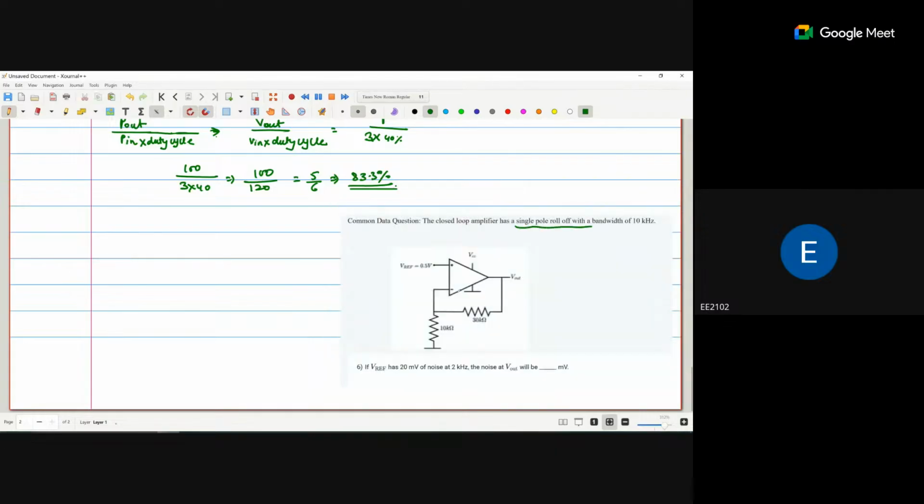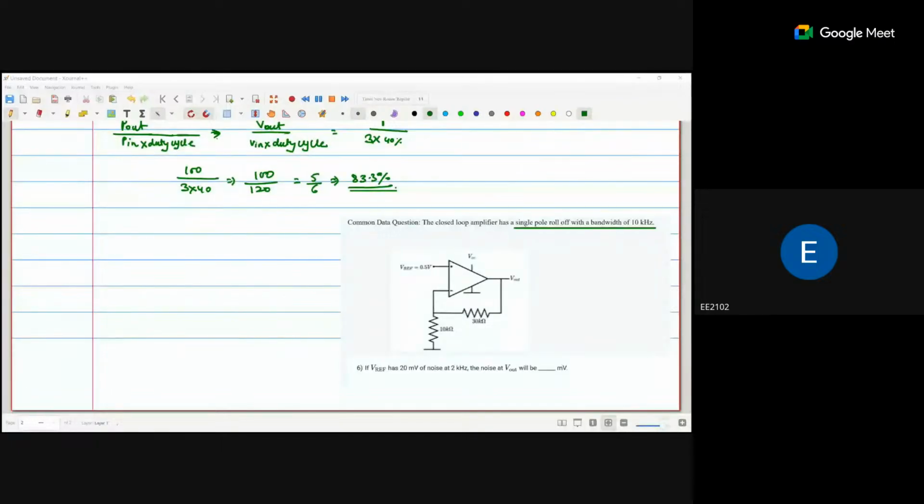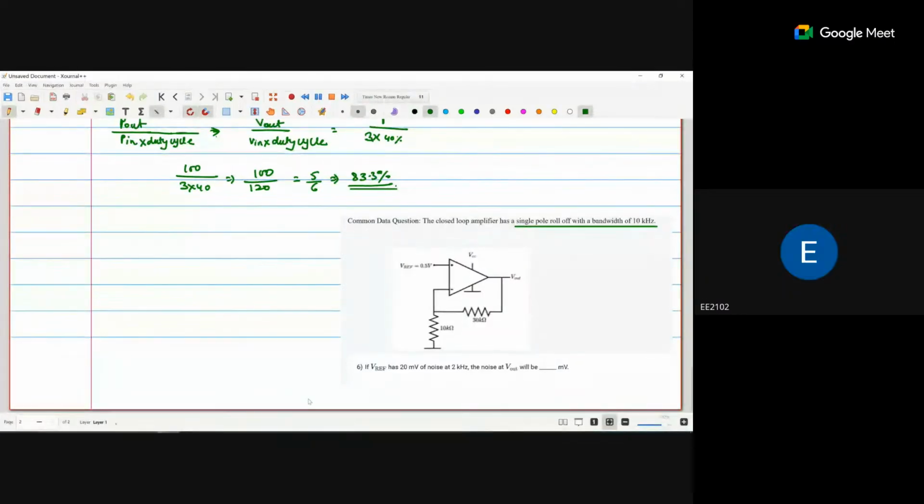A student answers that it will reduce the noise up to 10 kilohertz. Okay, any other?